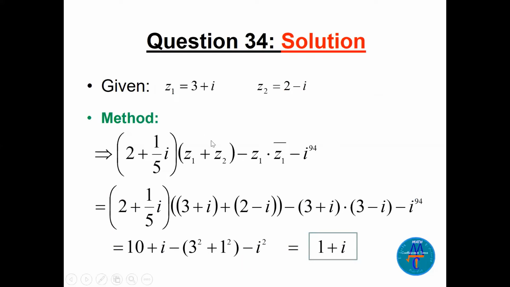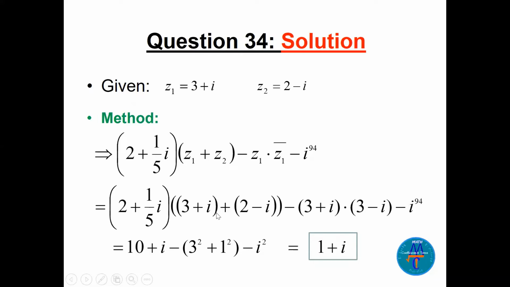So what do we do? Just replace z1 there, 3 plus i, z2, 2 minus i, and here z1 is 3 plus i times z1 bar, 3 minus i, that's the conjugate. i to the power 94: 94 divided by 4, the remainder is 2, so this is i to the power 2.